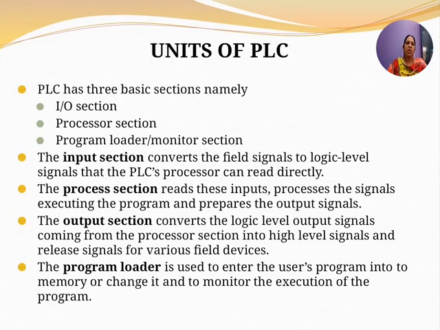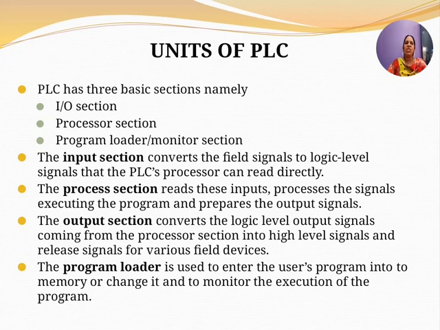So the units of PLC, we have three major sections. Basic sections are there in a PLC. In the basic structure of the PLC, we have the I/O section, the processor section, the program loader or monitor section. So what is happening in the input section?